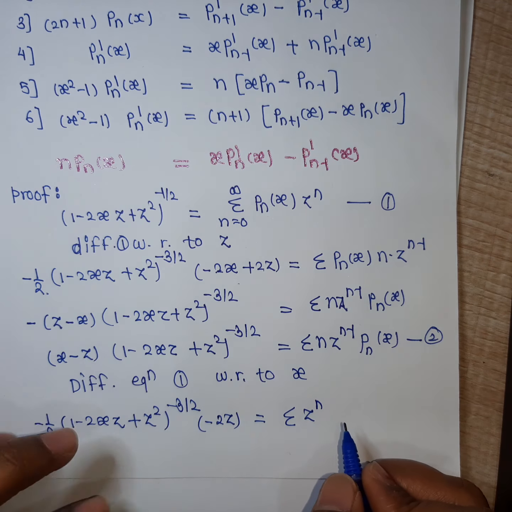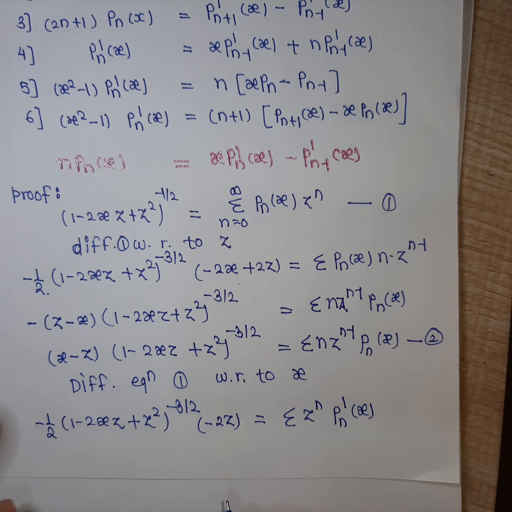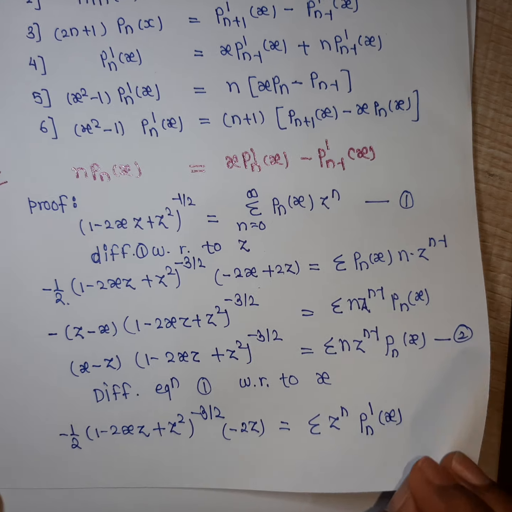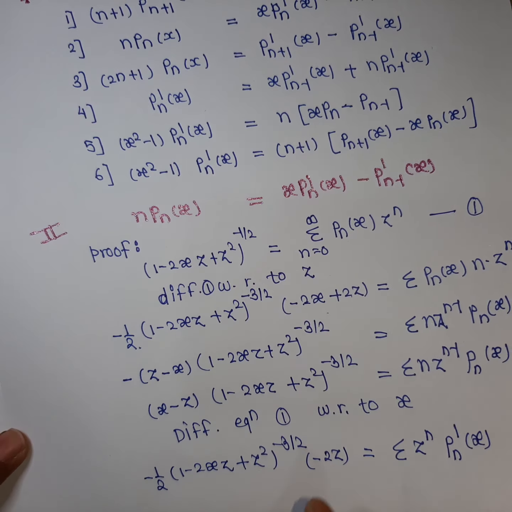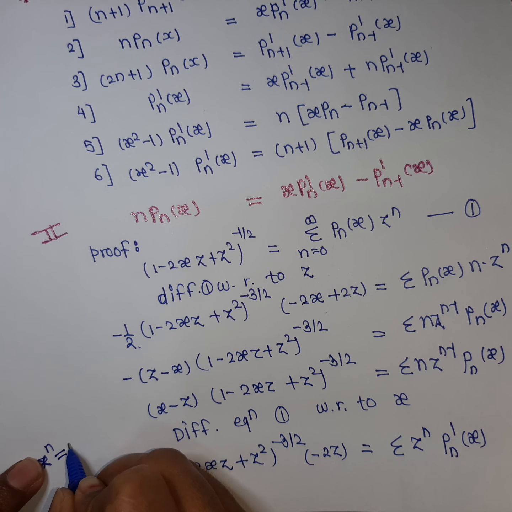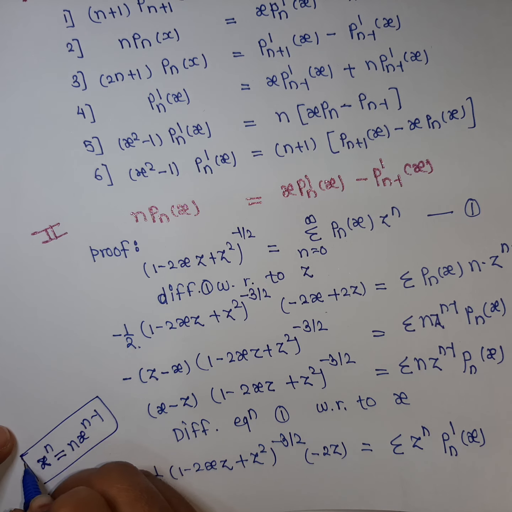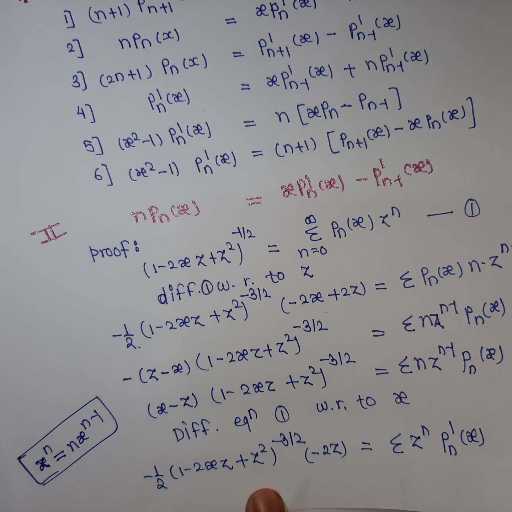With respect to x you are differentiating, then Pn prime of x. Does anyone not know this differentiation? See here, this is the formula n into x power n minus 1. From this formula we are getting this one.